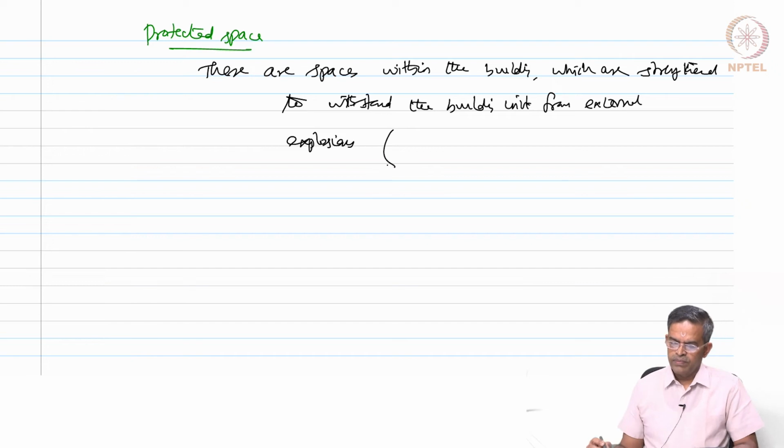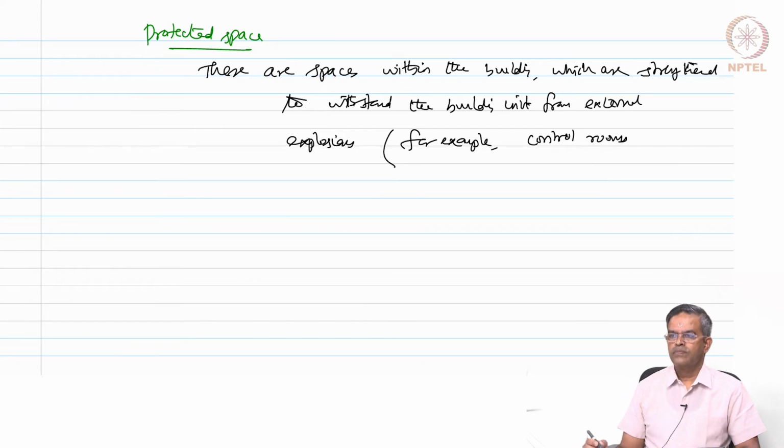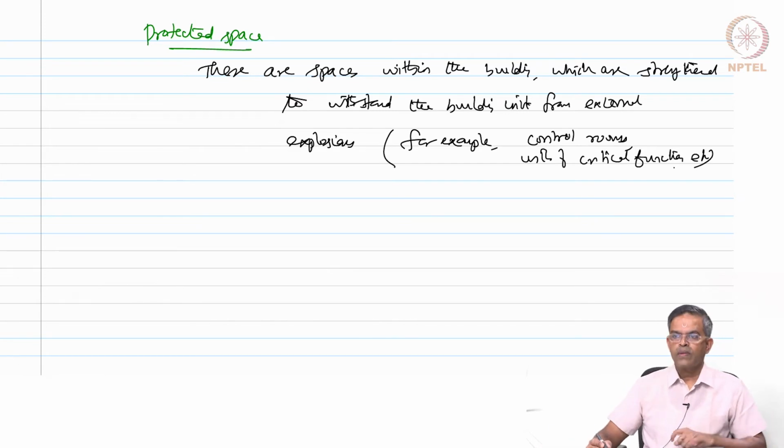For example, protected spaces could be control rooms, units of critical functioning, etc. Protected spaces should be located utilizing the benefit offered by the geometry.